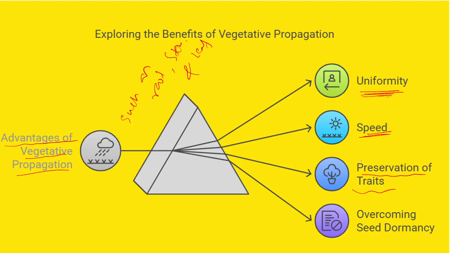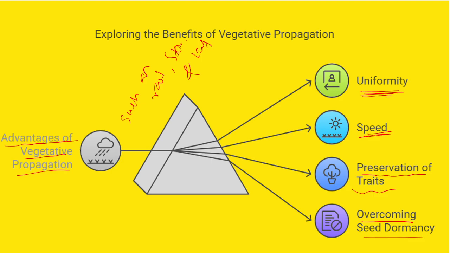And another point is overcoming seed dormancy. In some plants, seeds stay dormant for 12 years, 5 years. In some plants, dormancy is in the winter season, maybe the rainy season, maybe the summer season.